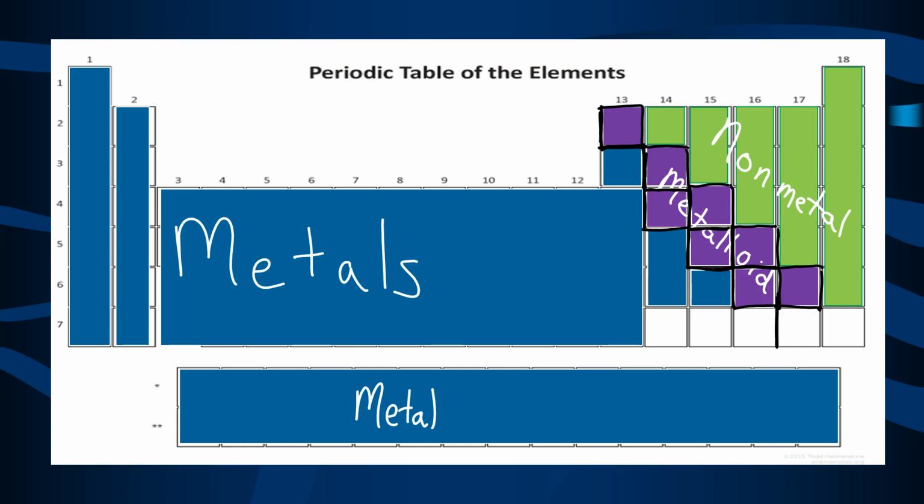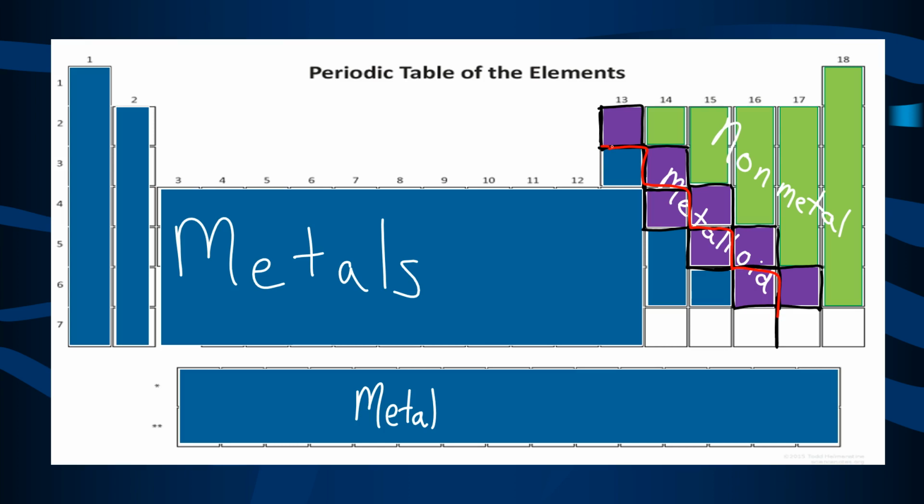Now, I did notice in the way yours printed, it had darkened. I think it went like this, and then it went down 2 right there. That's showing you the outer edge of the metalloids, rather than what I usually show. I usually show it like this.